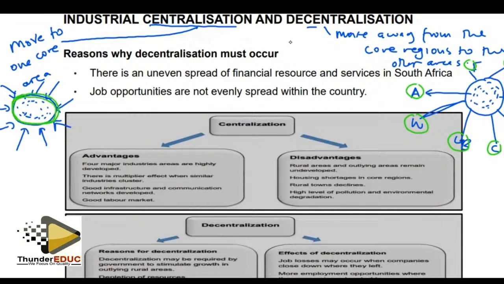With centralization, jobs are focused in a particular area, but with decentralization, jobs are spreading to different areas. That is why, secondly, another reason for decentralization was to distribute jobs evenly within the country.